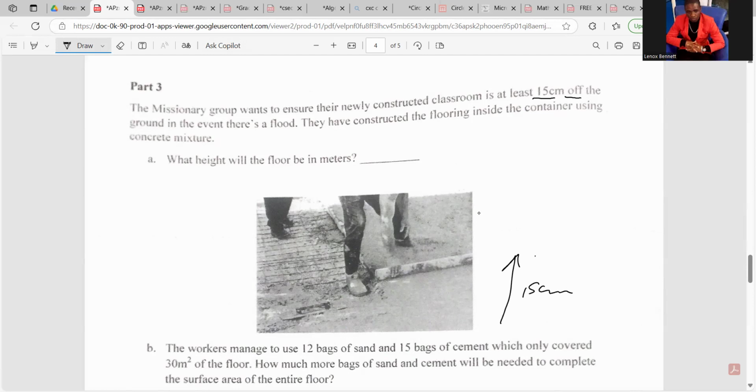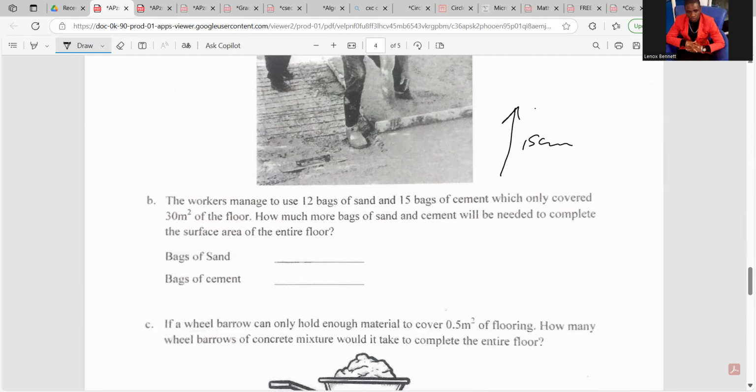What height will your floor be? I'm gonna make my floor 20 centimeters, but I'll have to convert that to meters. How do I convert that? It's 20 divided by 100, so it's actually 0.2 meters. That's my conversion for the height of the floor.